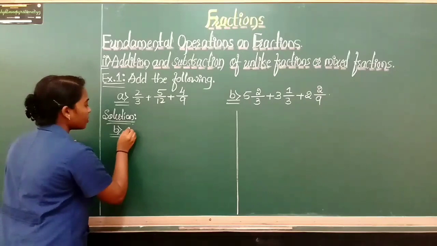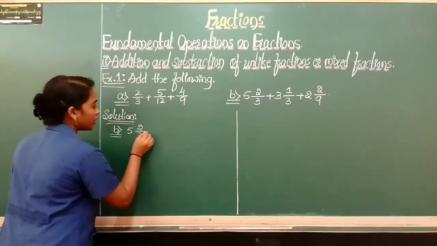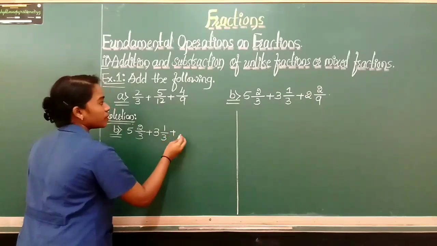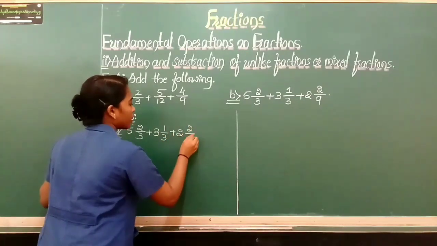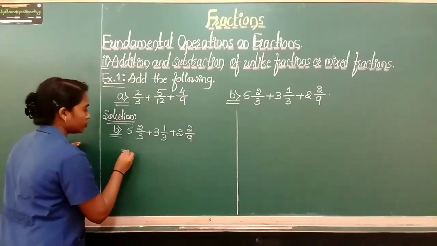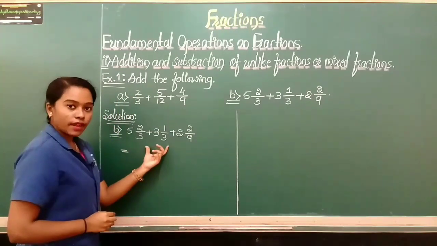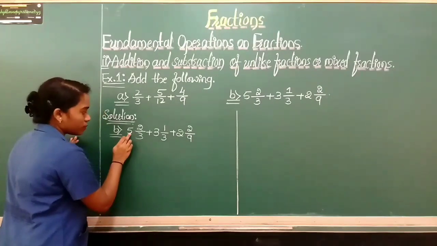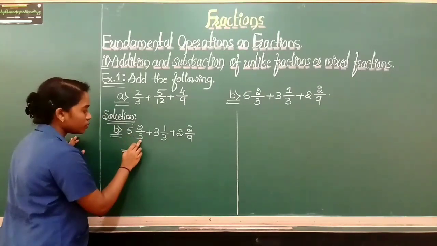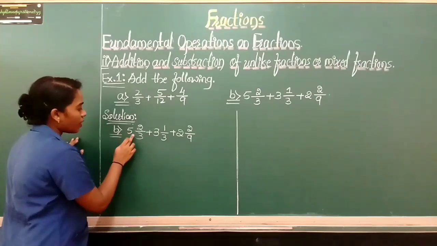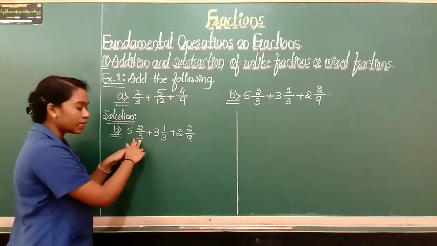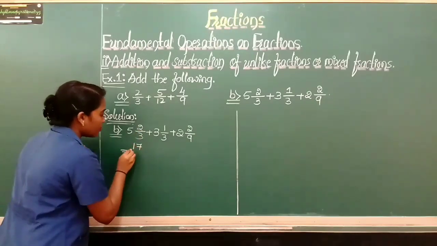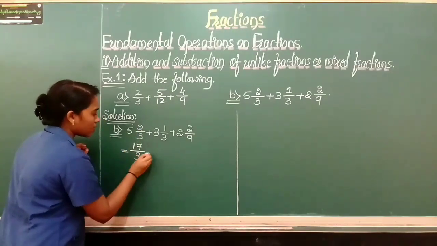We have 5 2 by 3 plus 3 1 by 3 plus 2 2 by 9, which is equal to, converting these mixed fractions into improper fractions. For that, we multiply the whole number by the denominator. 5 threes are 15. 15 plus 2, 17. The denominator stays as it is, plus.